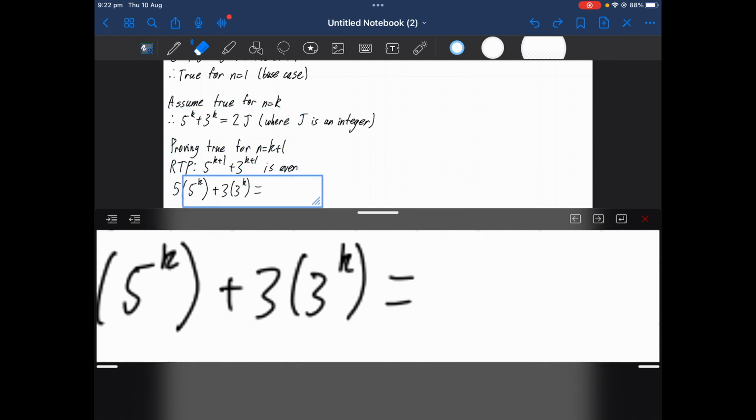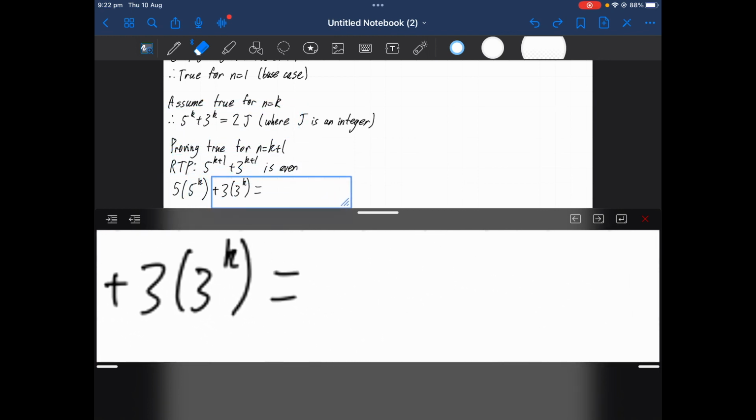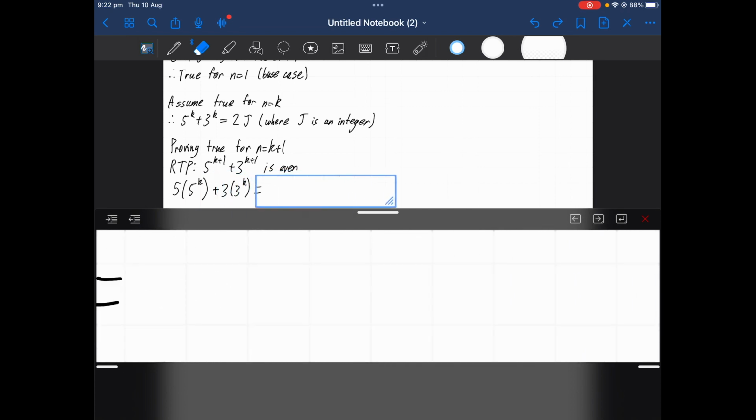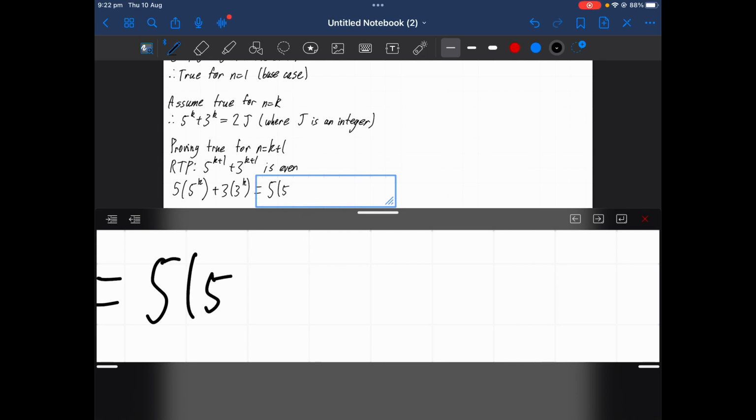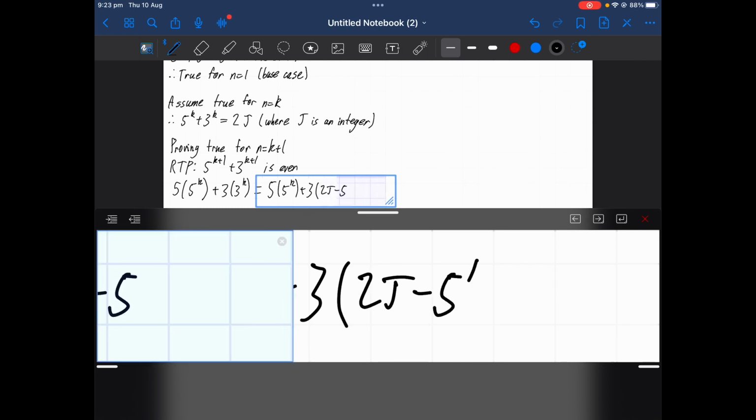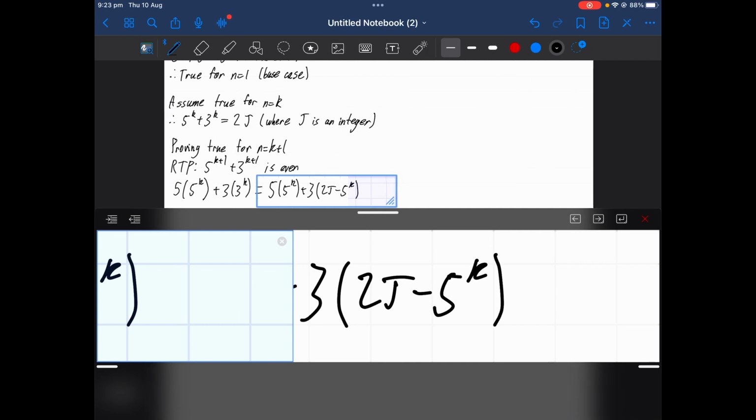Okay, so let's just pick the 5^k to stay the same. That means that we want to sub this 5^k by 2j - 3^k. So now we have it. Oh, sorry. We're trying to keep the 5^k here. Well, again, it doesn't matter. I could have just kept going with that, but we're just trying to keep the 5^k here. So then we have to change the 3^k to be in terms of the 5^k's. So it'll be 2j - 5^k. Okay.